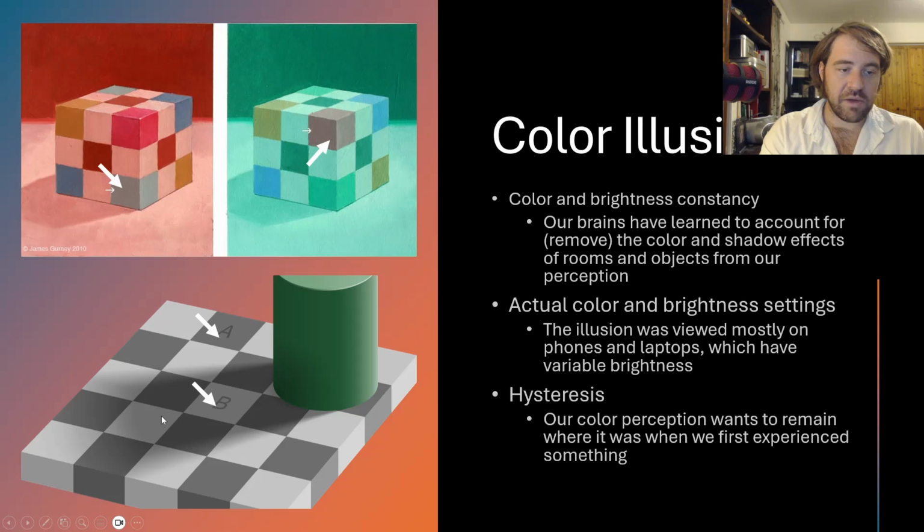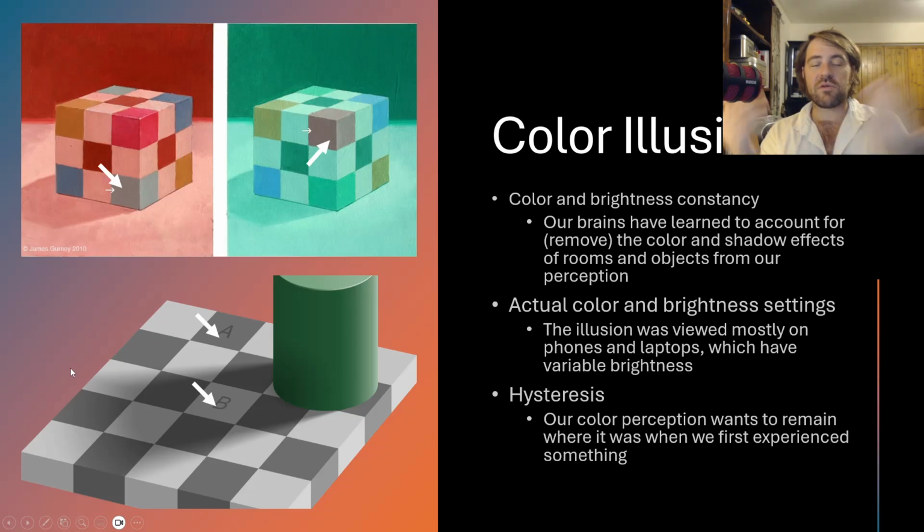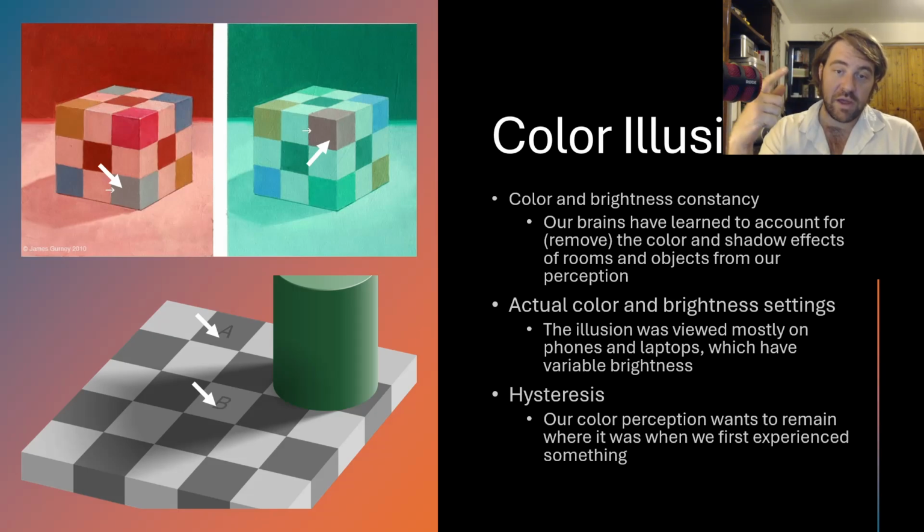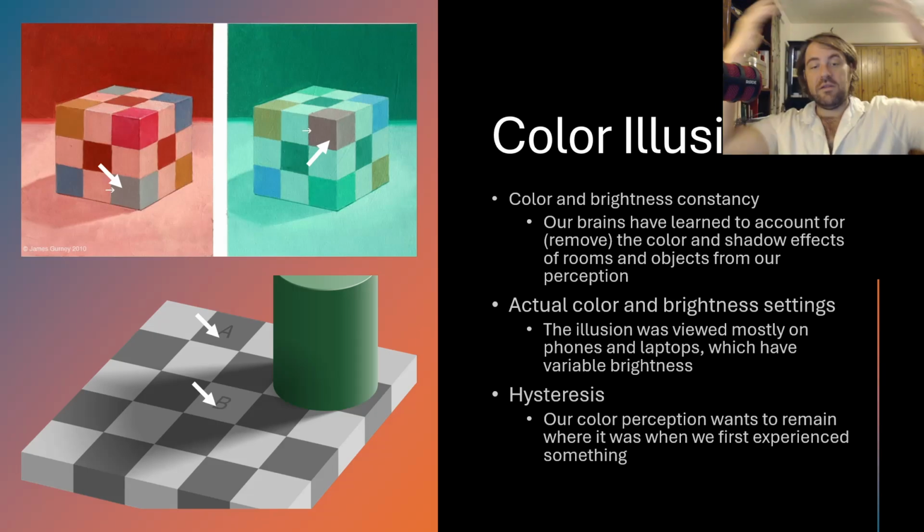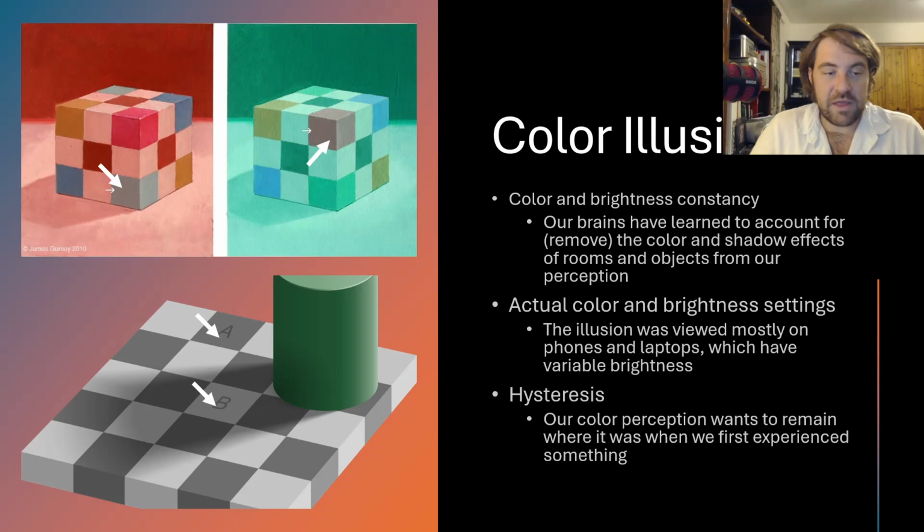It doesn't matter what's going on in the shadow. Yes, we can perceive that there's a shadow there, but we're also perceiving that those are all the same color of gray in a diagonal line and all the same darker color of gray in another diagonal line. Because that's what happens in the real world. Things don't actually change because there's a shadow on them. There's just a shadow on them.